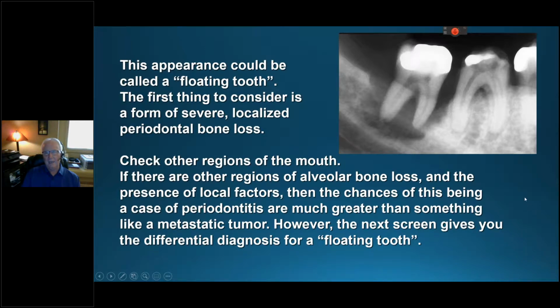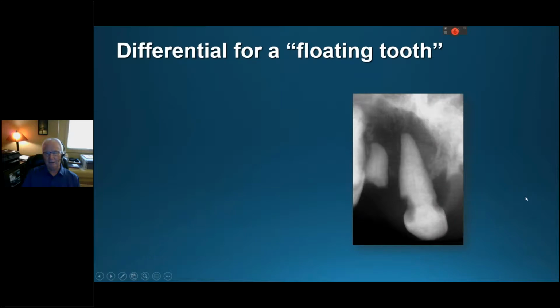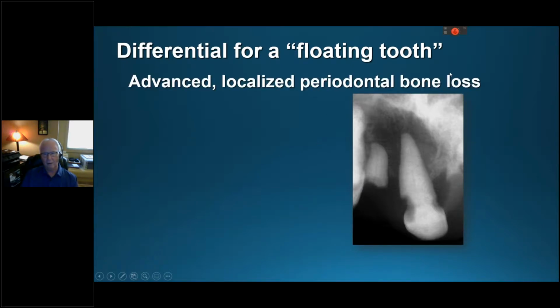If you check the other regions and they don't look like that, the jaws are good locations for metastatic disease, tumors from lung and cervix and prostate and whatever. They can go through the Batson's plexus, the valveless plexus of veins in the back, and get up to the jaw bones.